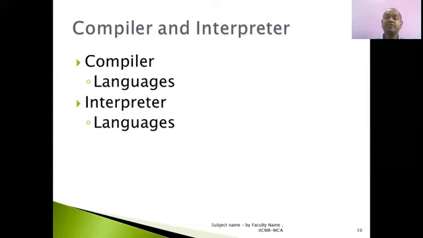But if the frequency of modifications is higher, then we can go for the interpreter. If you have 1000 lines of code and need to change only one particular line, that can be executed directly. No need to compile the whole code. That is the advantage of the interpreter.